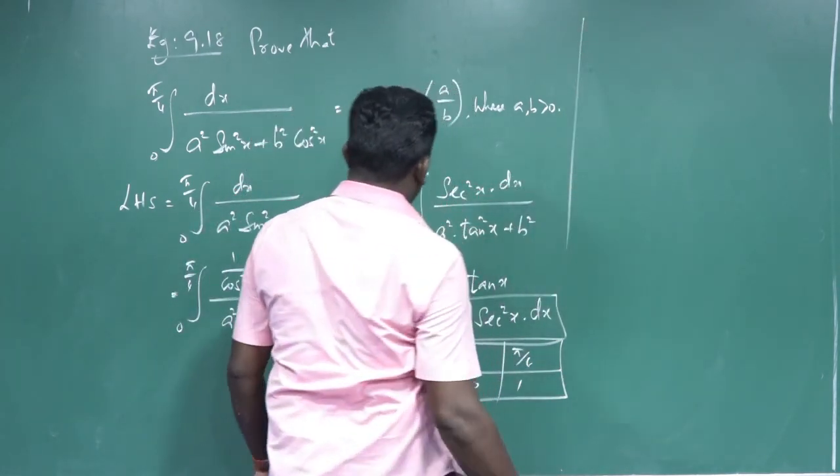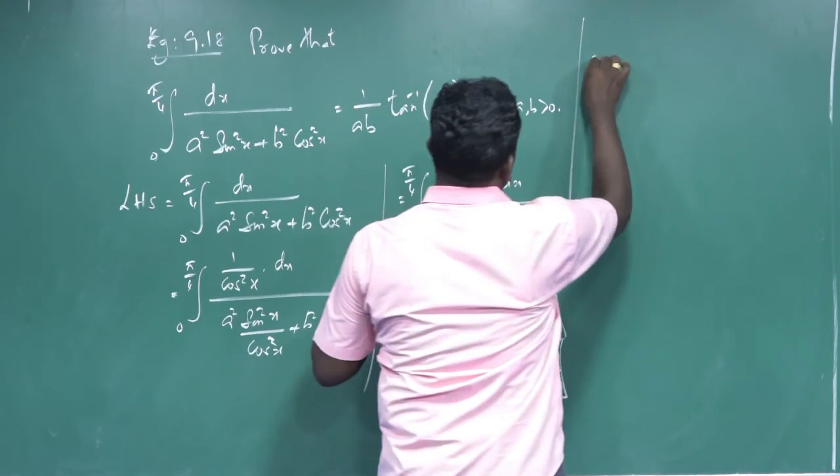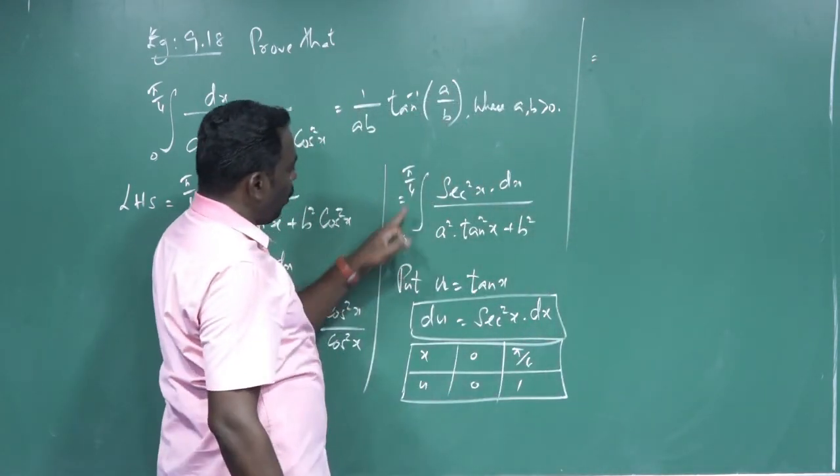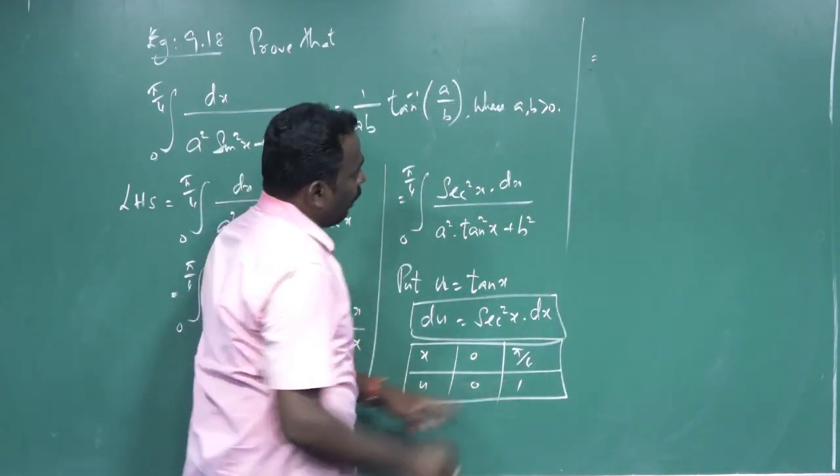Now, the last integral: instead of 0 to pi by 4, we write 0 to 1.